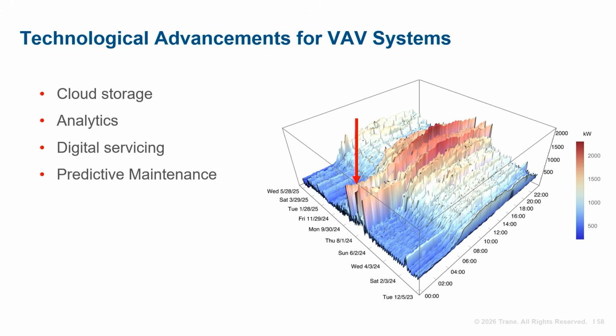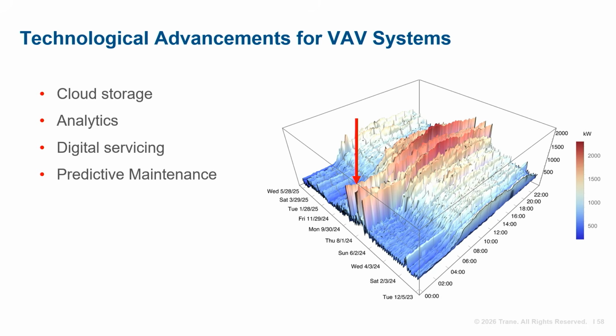For example, using a graphic of the energy use of a year, it is possible to visually identify energy peaks in the building that could point at some VAV system schedule that needs to be adjusted with optimal start. Remote connectivity also enables digital servicing and predictive maintenance.